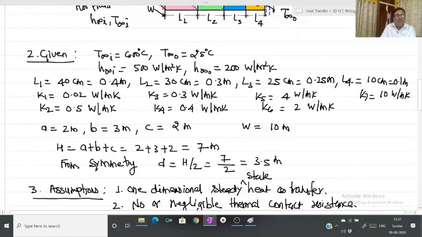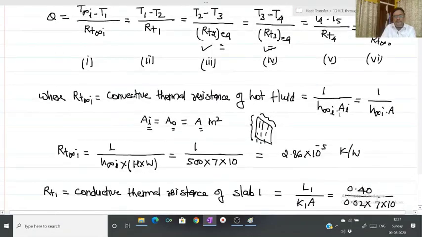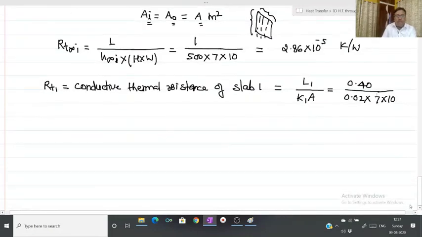So L1 is 0.4 and K1 is 0.02. After calculation, RT1 will be 0.286 Kelvin per watt.